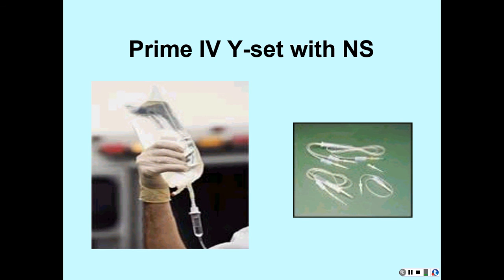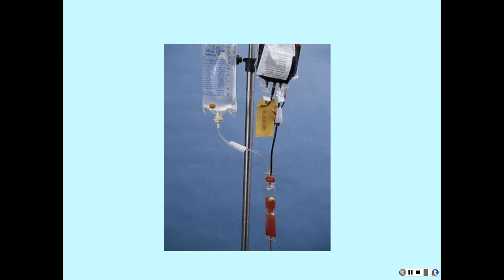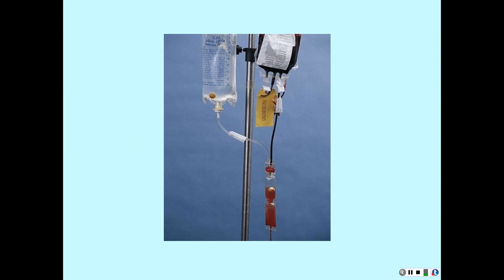What we do, blood is, like I said, a Y tubing, and this is it right here. If you'll notice, you have one connector up here, and then you have another connector up here. It's a Y. Okay? Here's your filter. This is blood tubing.